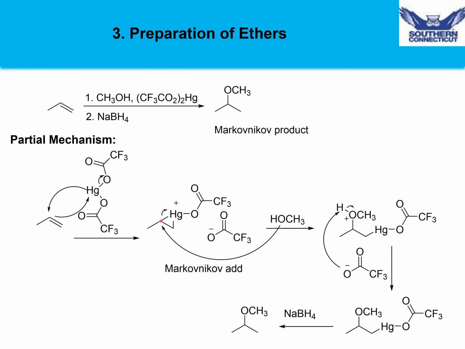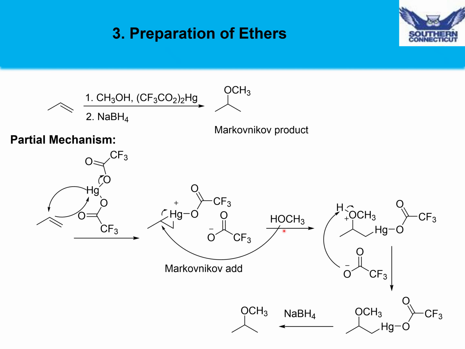The reason for that is there is more of a partial positive charge on this carbon than there is on the less substituted carbon. So think of this as the bonds between carbon and mercury being partially broken, and that develops a partial positive charge on the carbon here, similar to a more substituted carbocation. There is more of a concentration of positive charge there, so that is where the methanol adds.